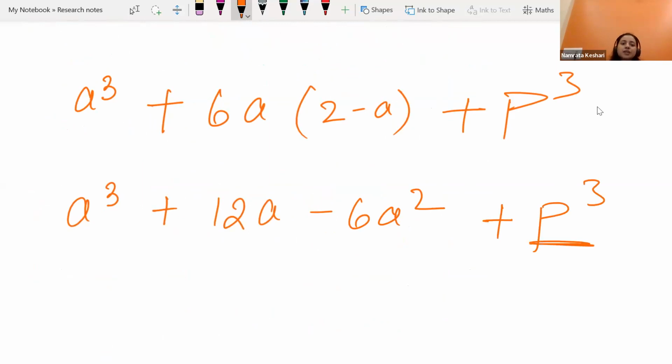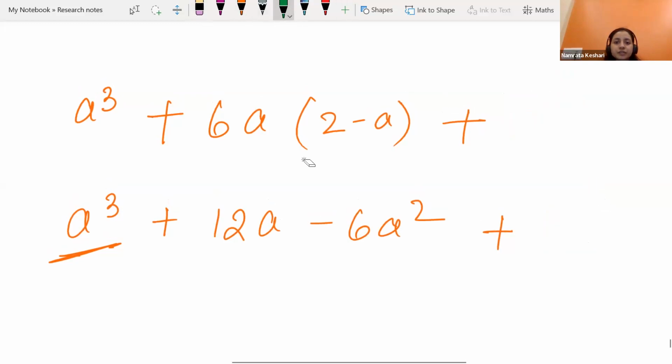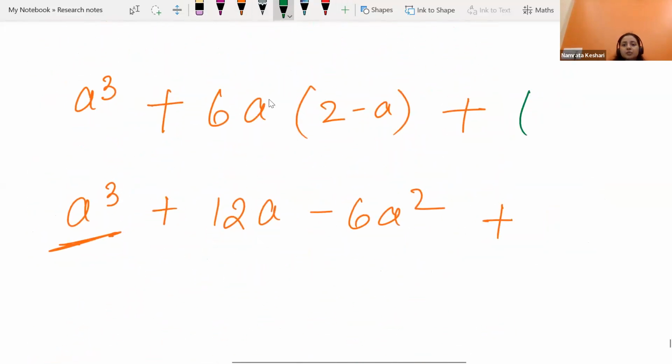I can see PQ where, I can see AQ where. P plus A, P minus A, maybe, may not be. Okay, here the P value I have not substituted. Wait. 2 minus A whole cube we must substitute over here.